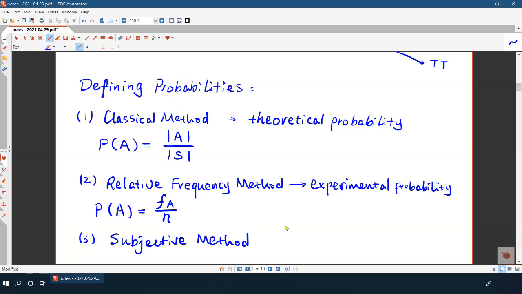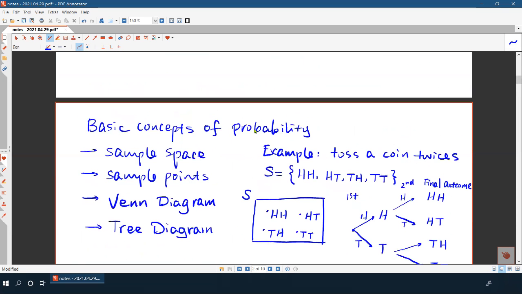Okay, as long as the probability number is within 0 and 1, it can be treated as a probability. Okay, any questions?